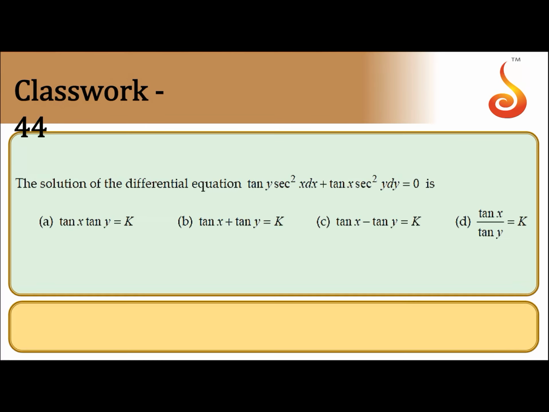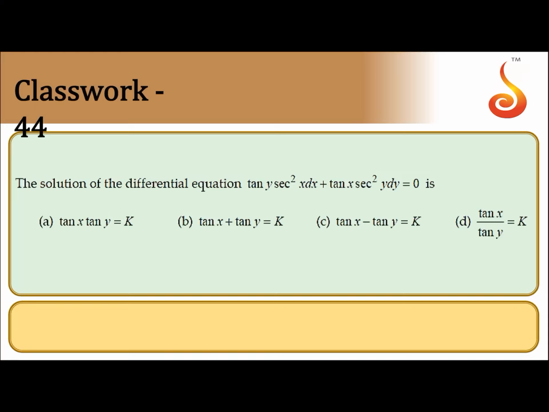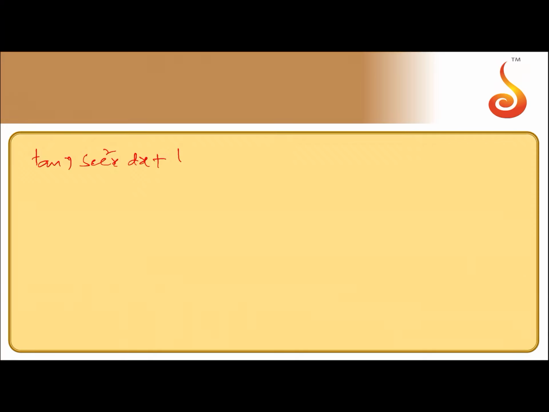Coming to 44. The solution of the differential equation: tan y multiplied by secant square x dx plus tan x secant square y dy is equal to 0.